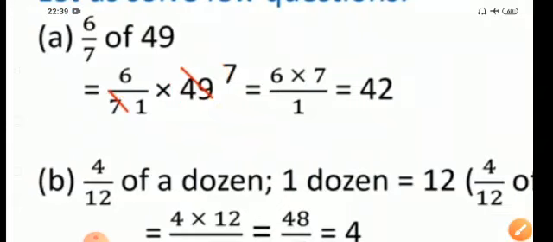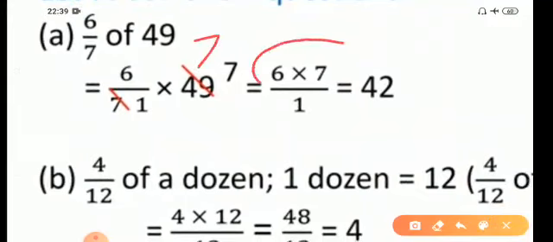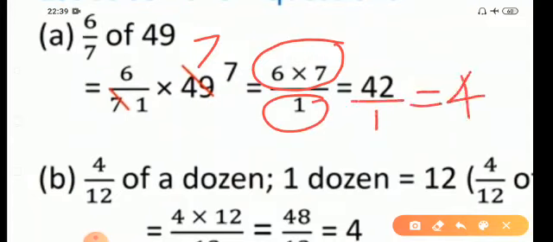So directly we can cancel it. 7 7s are 49. So we will write 7 in the numerator. So you will get 6 multiplied by 7 in the numerator, and the denominator is 1. Now 6 7s are 42, divided by 1, that is equal to 42.